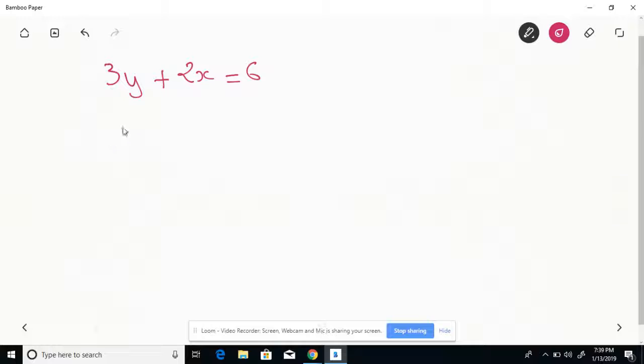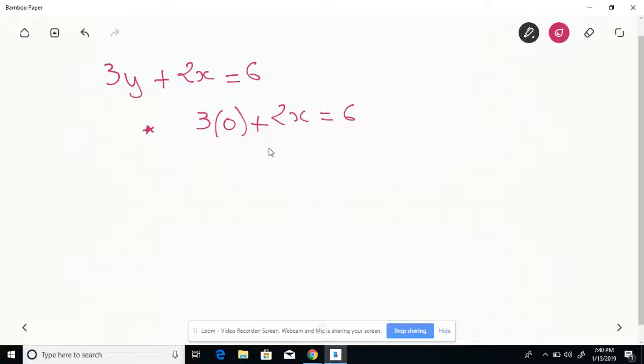The first one is the x-intercept. That means when we find the x-intercept, y is going to be equal to 0. So it's 3 times 0 plus 2x equals 6.